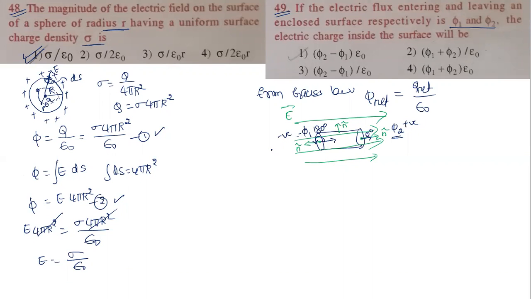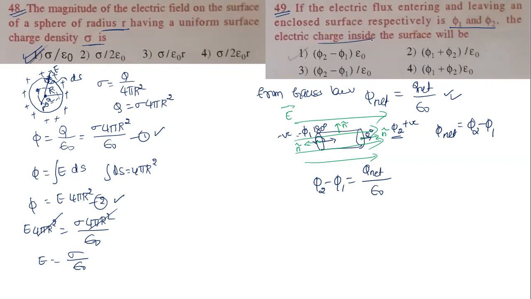So the net flux becomes positive minus negative, phi net equals phi 2 minus phi 1. Use this equation: phi 2 minus phi 1 equals Q net divided by epsilon naught.